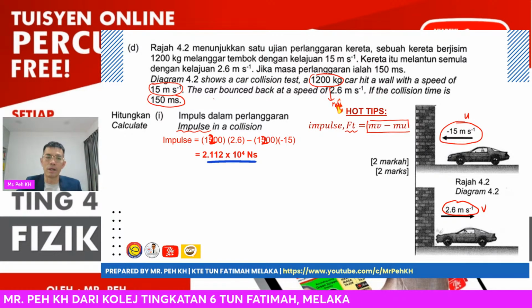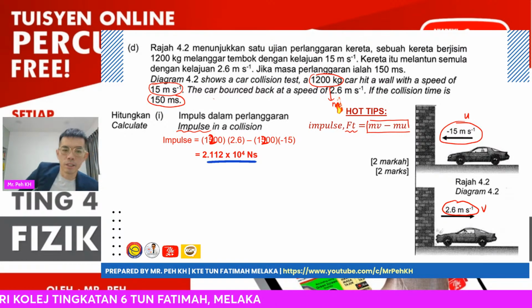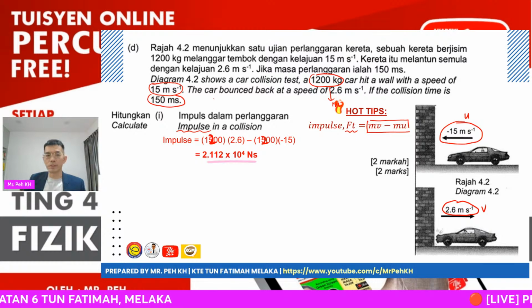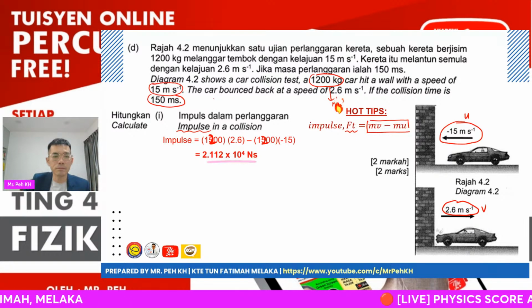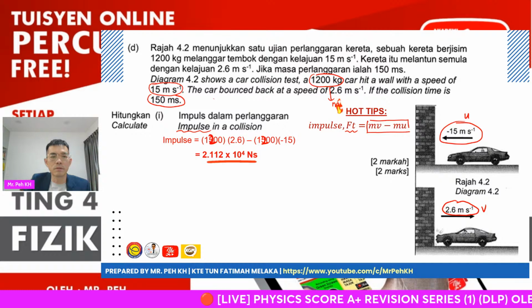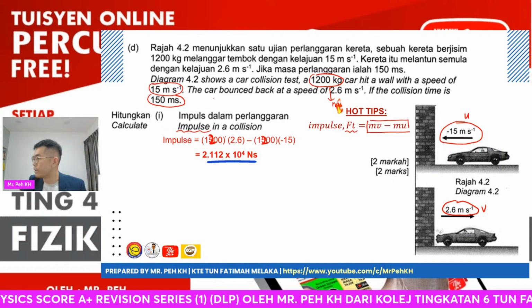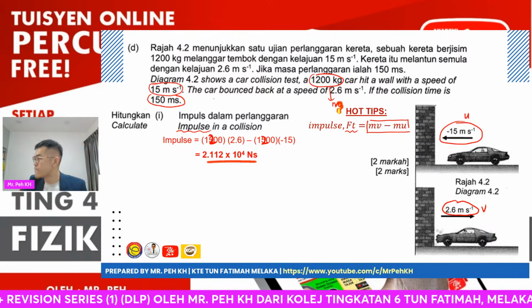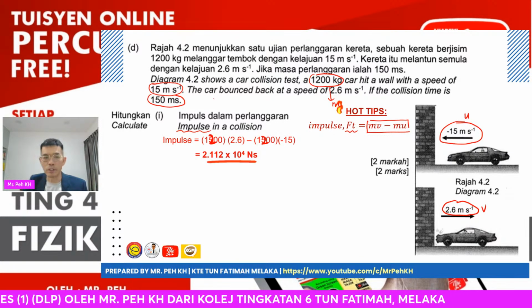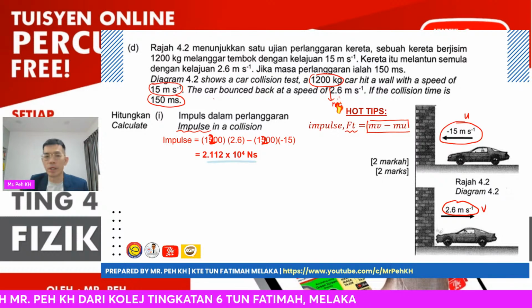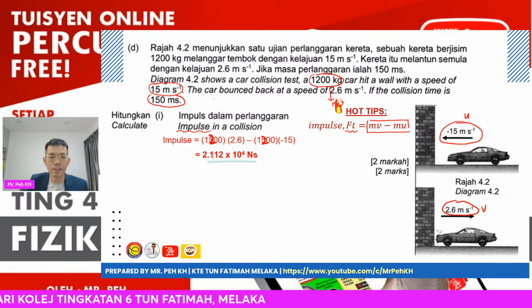I think it's more than that, right? Because here we have 1,200 times 2.6. I think your answer should be the impulsive force, is it? So Jiaying, we have to get this answer, which I show here: 2.112 times 10 power 4.